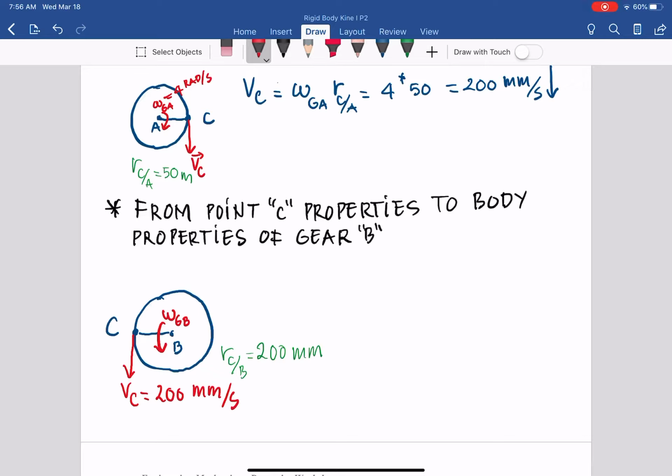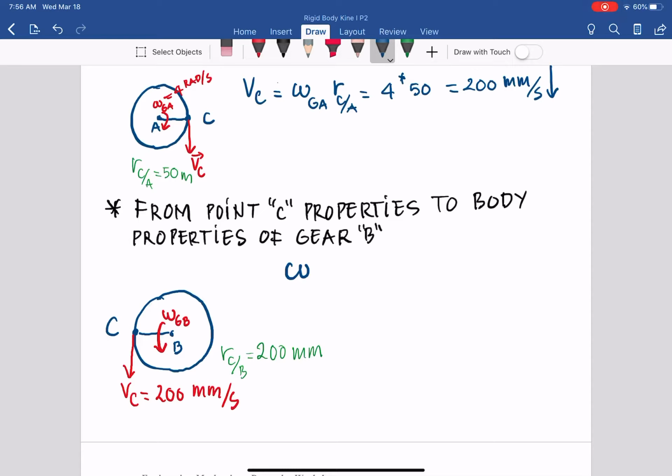So from point C properties, we have Vc. Now we want to find the body properties, in this case omega of gear B. So we have the equation. If you recall, Vc equal to omega R, or omega equal to Vc divided by the radius.